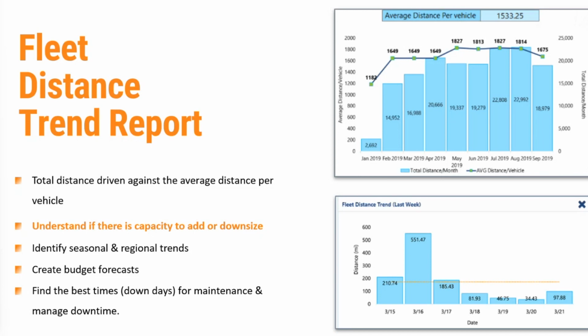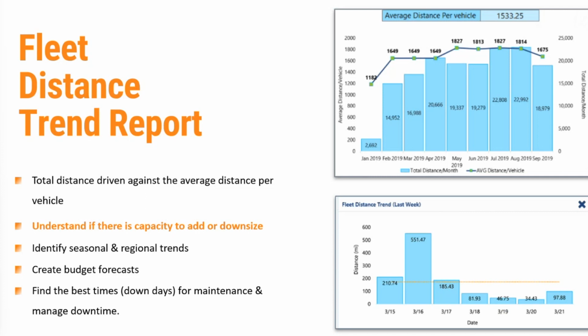Now, with this type of data, you as a fleet manager or supervisor can easily schedule company assets in for service on the least busy days and rotate them accordingly. This trend report can be run for, say, last week, 1 month, the last 3 months, or year to date.